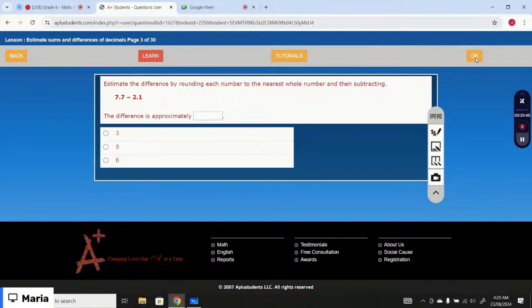The correct option is, that is 8 minus 2. The correct option is 6. Option number 3 is the correct option.